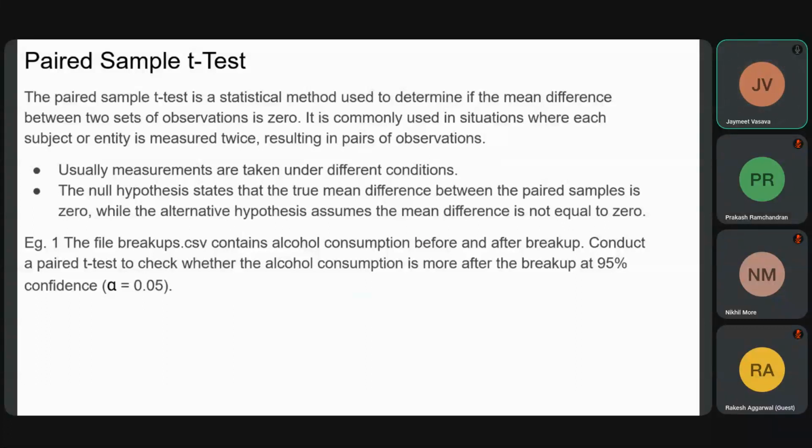Usually measurements are taken under different conditions, and the null hypothesis states that the true mean difference between the paired samples is zero, while the alternative hypothesis assumes that the mean difference is not equal to zero.